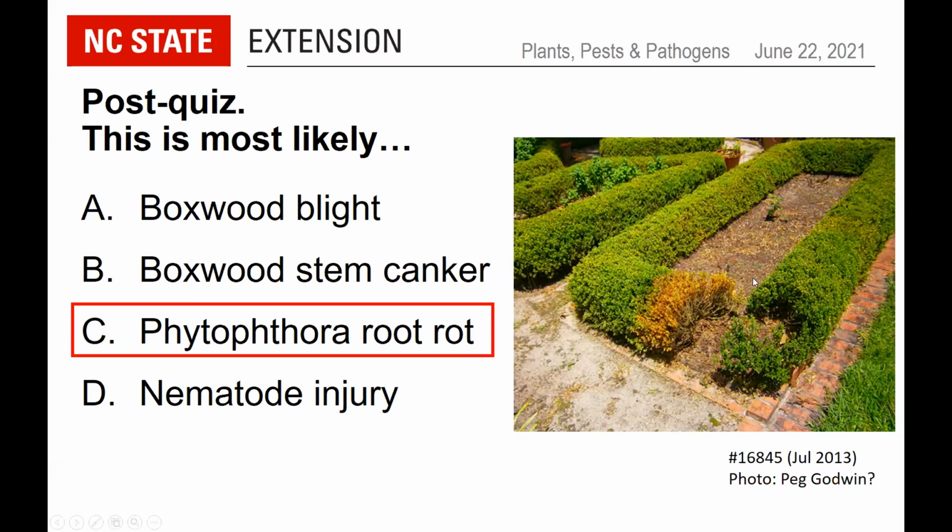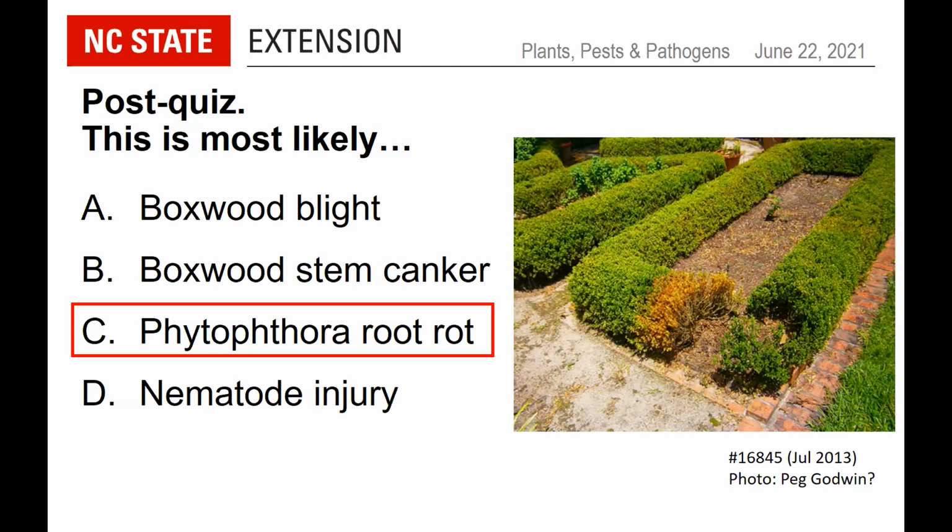Although the idea that the leaves are hanging on and yellow, that is kind of a boxwood stem canker characteristic. Definitely not like boxwood blight, because with this much leaf death you would see a lot more defoliation. So Phytophthora root rot, that's a good one. It's localized in the soil, so it's not going to move around that much. And it's taking out a section like this of the plant, the stems from the soil upward.